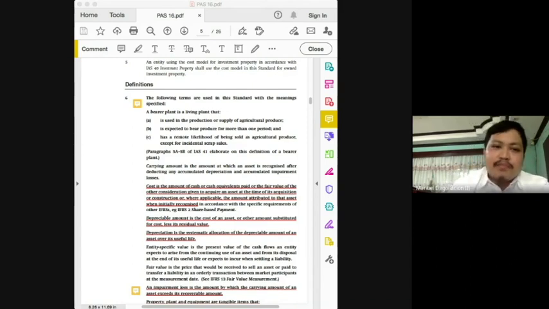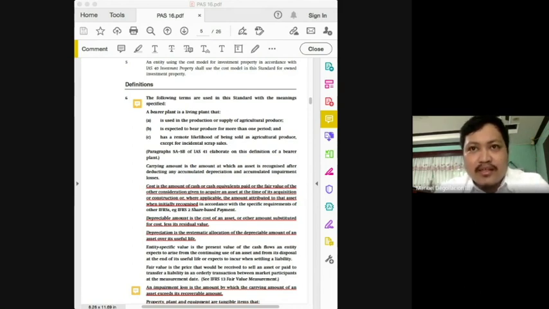Now here comes the bearer plant, class. Students would automatically think that if it is a plant or an animal, automatically it is a biological asset. That is wrong. But what did I say earlier? I said that only plants and animals can be biological assets. I did not say that all plants and animals will have to be classified as biological assets. So what does that mean?